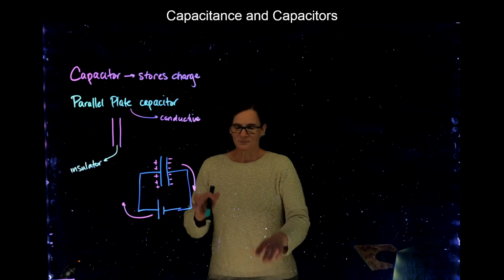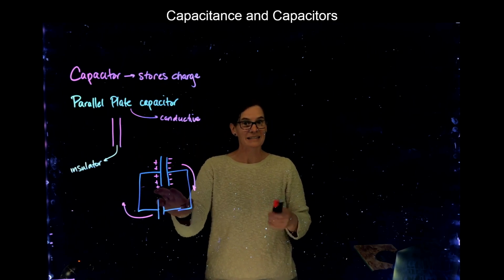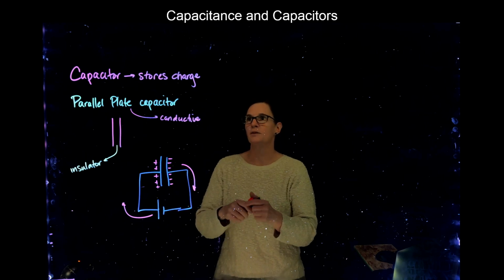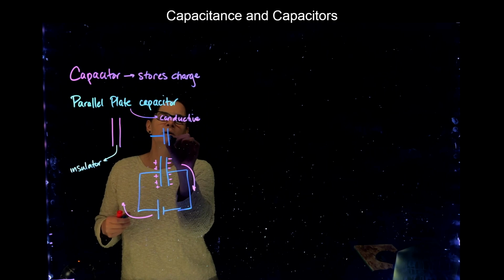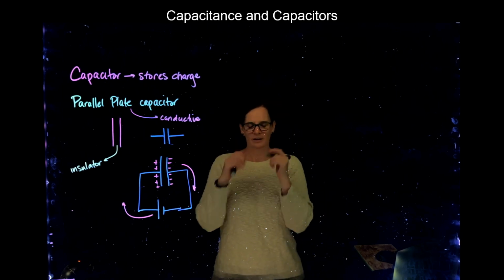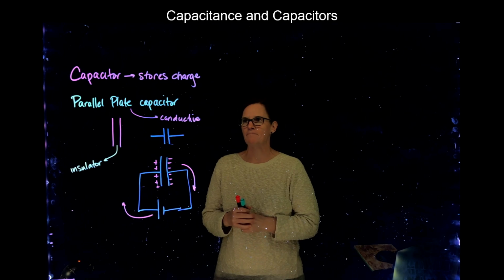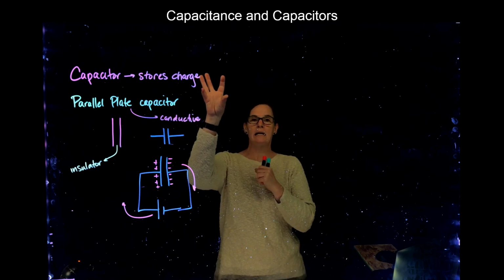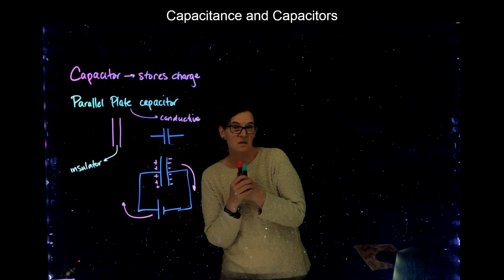In a circuit, a capacitor is represented exactly how we might think about a parallel plate. So two lines. In a circuit, the capacitor is represented by two parallel lines of even length. Okay, so if the capacitor is the device that stores charge, how much charge can it store?